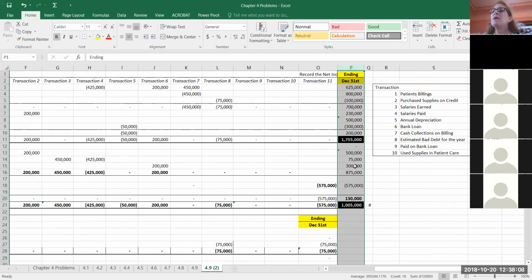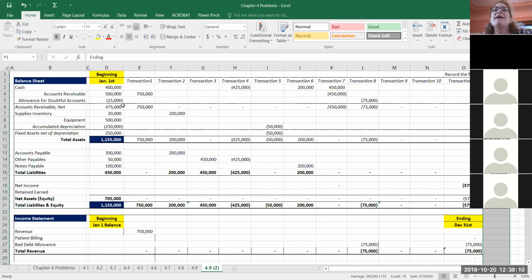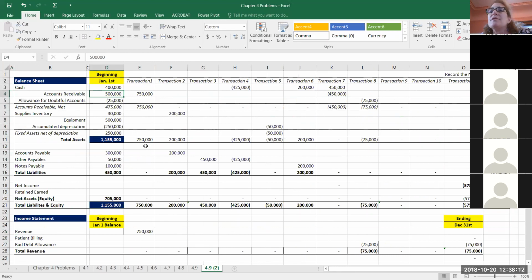So you're adding up. We actually had $500,000 in accounts receivable at the beginning of the year that still weren't collected, okay? And then we added 750 more in sales. So that gives us $1.25 million in accounts receivable. Collected the 450. So now our balance, if you look in the lower right-hand corner here, is 800,000.